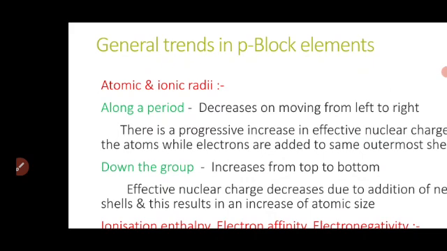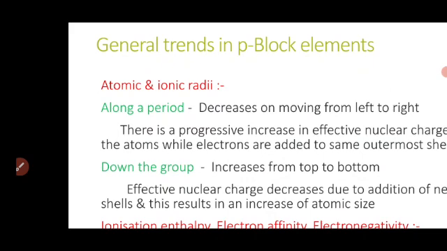What we say is, in short, atomic size or ionic size. And in that, we have studied that along a period, atomic size always decreases, right? Why it decreases, we have already seen, because the newly entering electron is added in the same shell or in the same orbit.